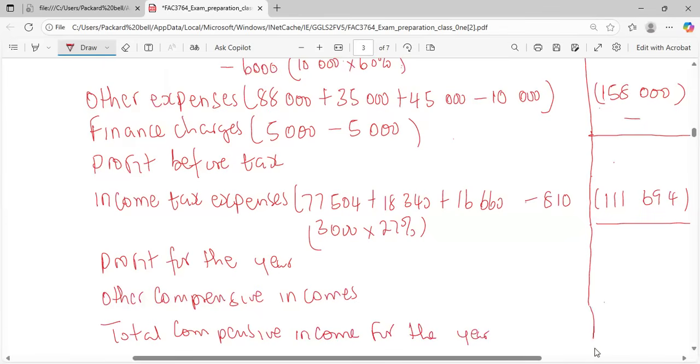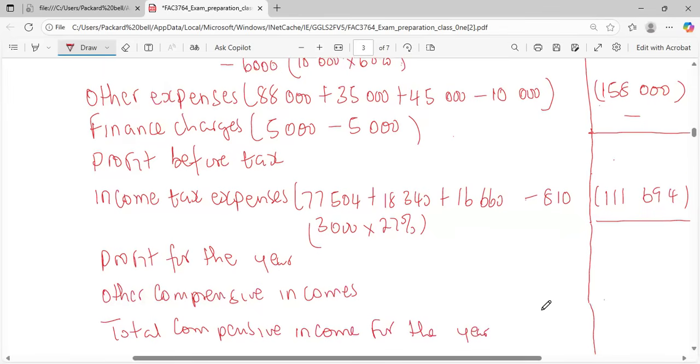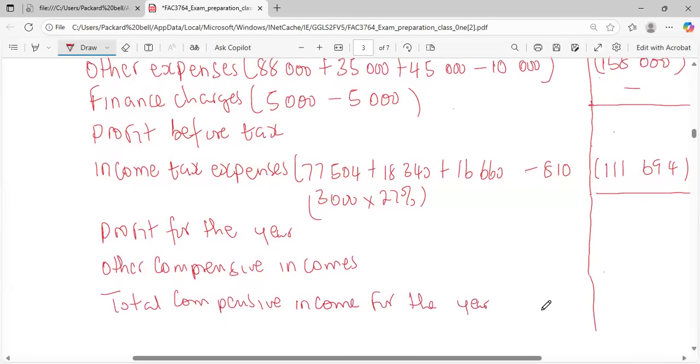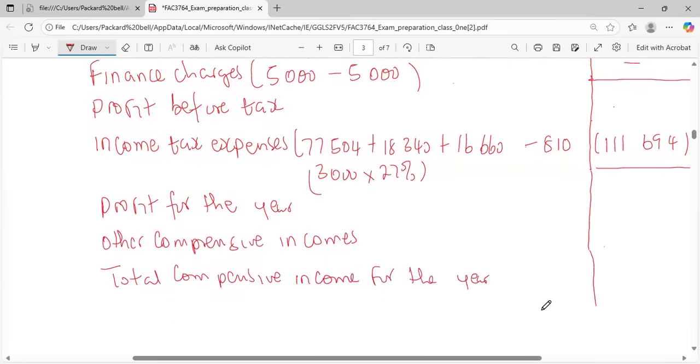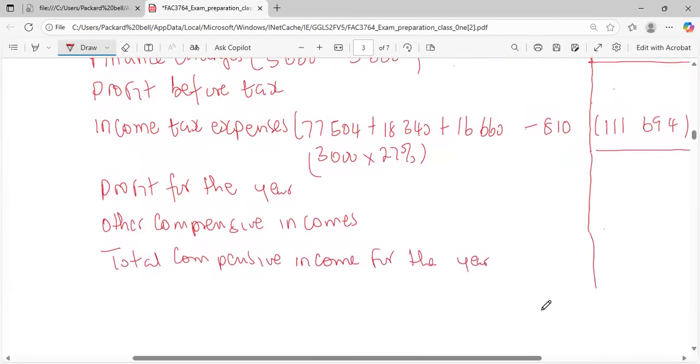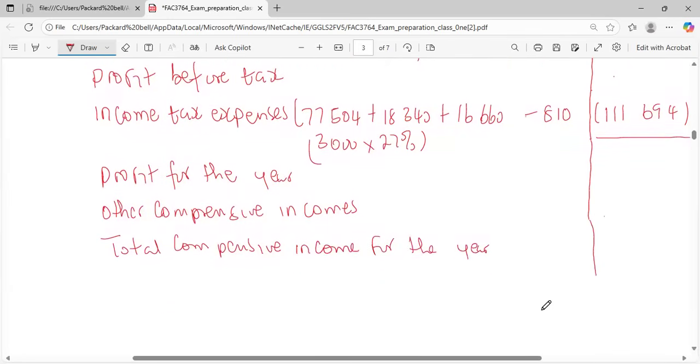Right? After total comprehensive income for the year, what are we going to have next? We're consolidating here.